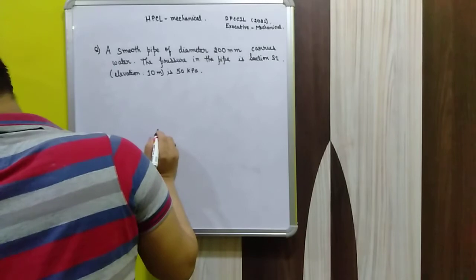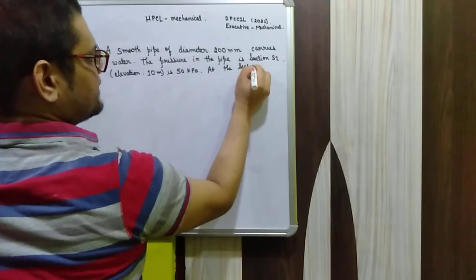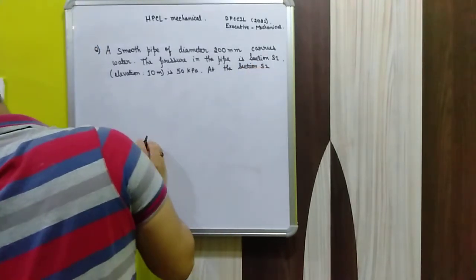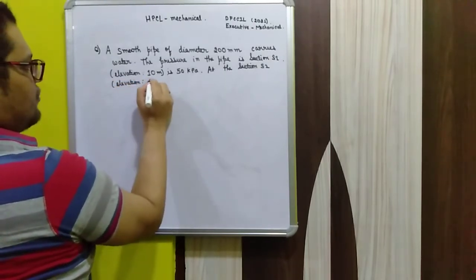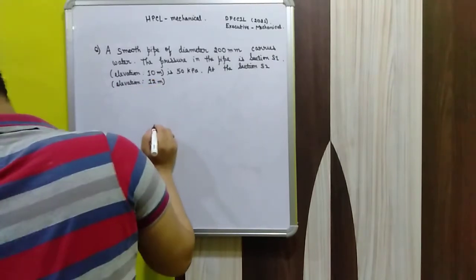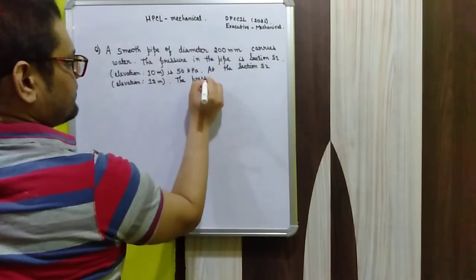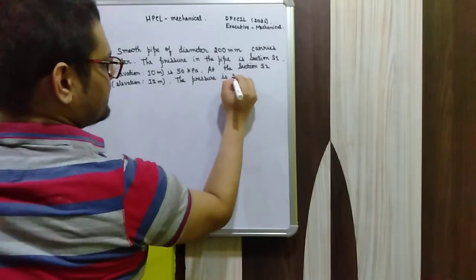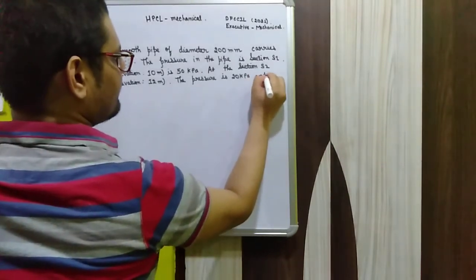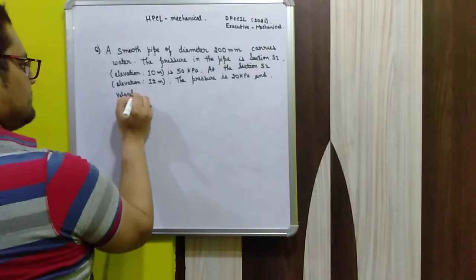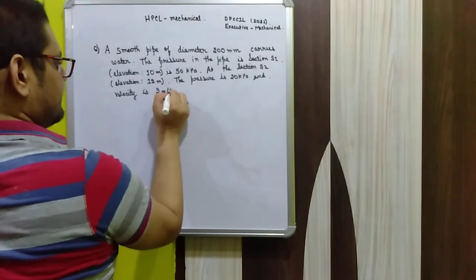Now at the section S2, elevation is 12 meter, and the pressure is 20 kilopascal, and velocity is 2 meter per second.